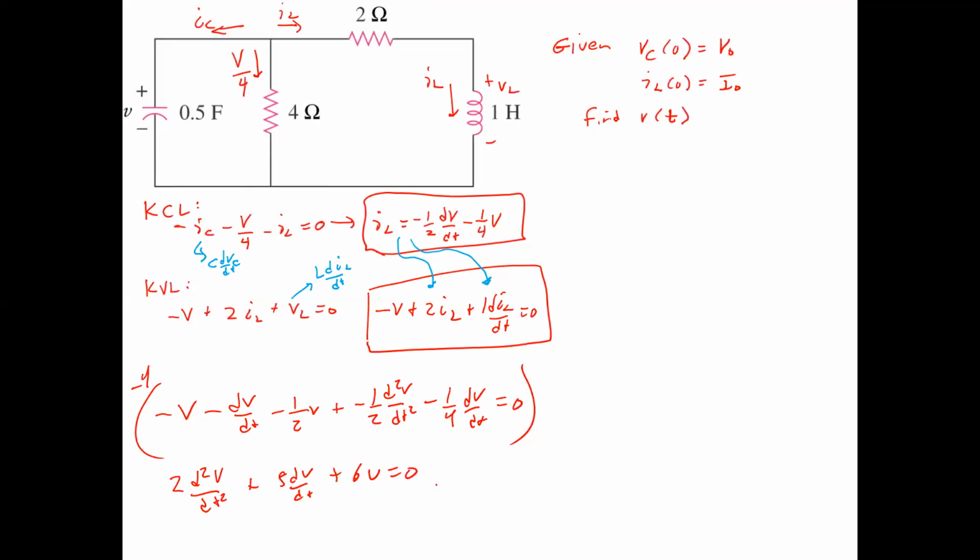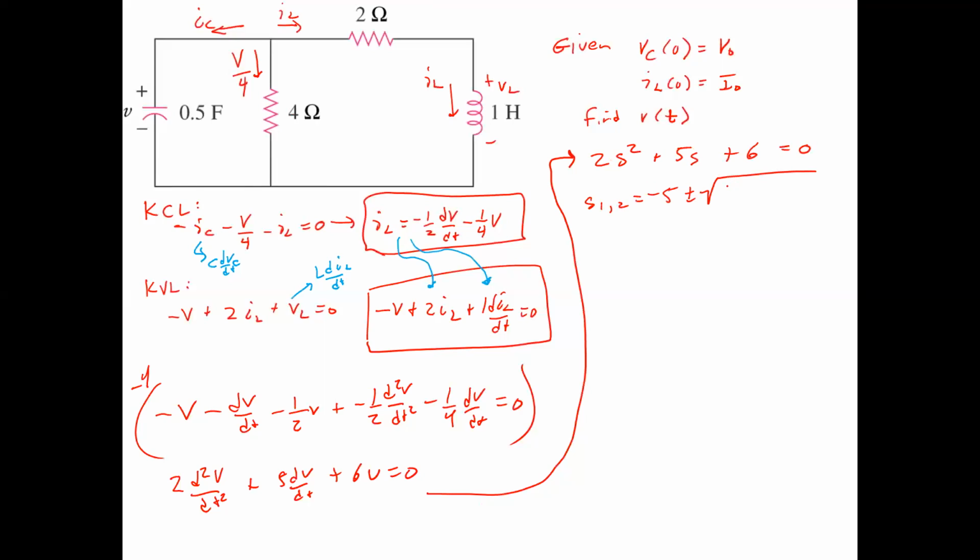Yep, so this is going to give you the characteristic equation, 2s squared plus 5s plus 6 equals 0. So your roots are going to be -5 plus or minus the square root of 5 squared minus 4 times 2 times 6, oops, -4, sorry, not +4, all over 2 times 2.